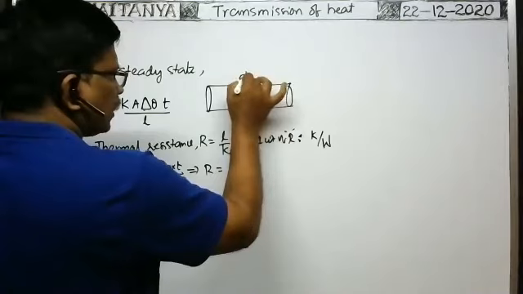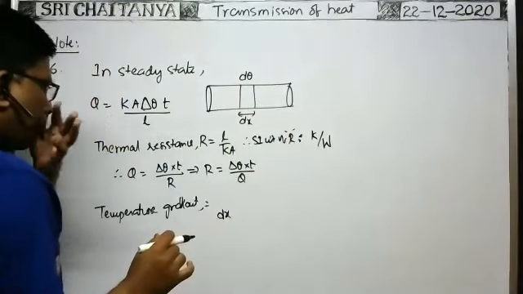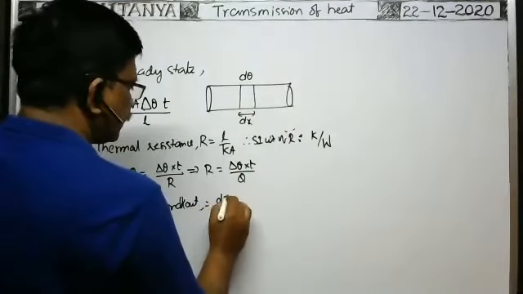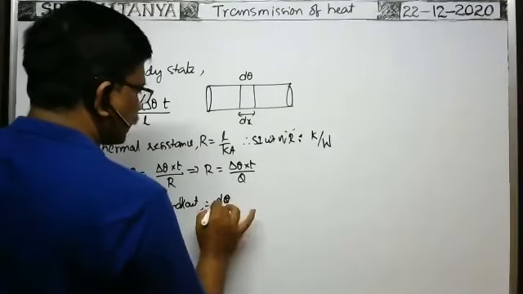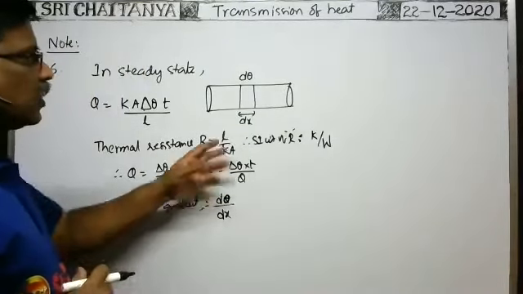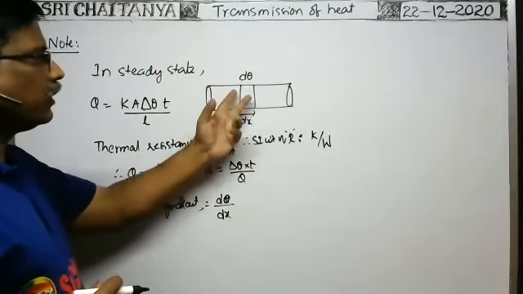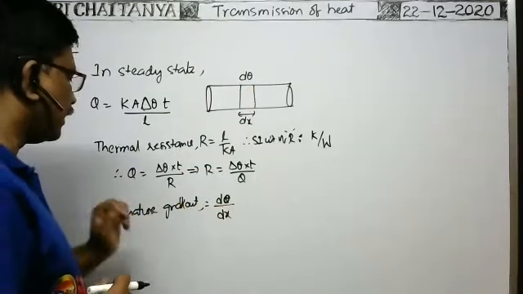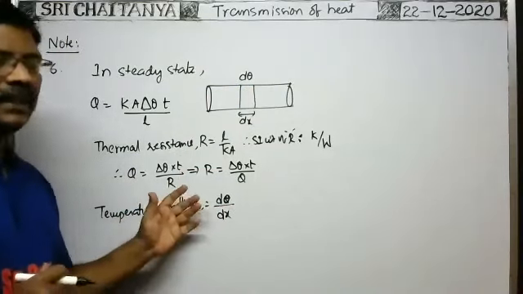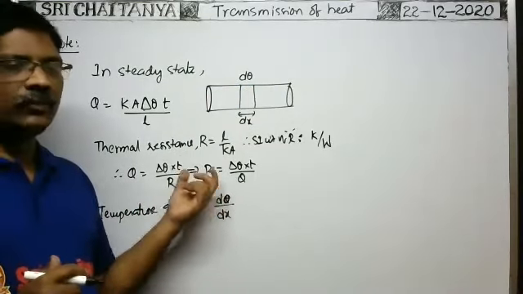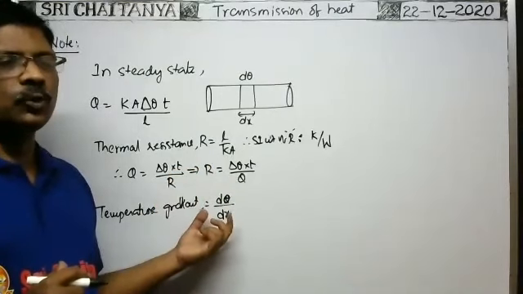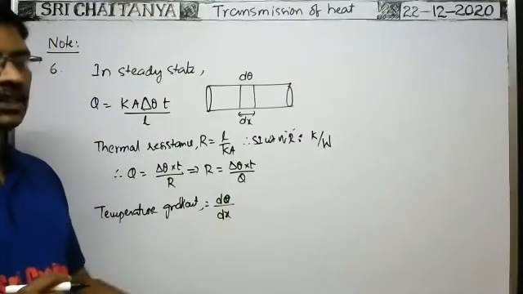The temperature difference across this distance is d theta. Then d theta by dx is the temperature difference for unit separation between the two points, and that is called the temperature gradient. So the temperature gradient is the temperature difference per unit length between two points.